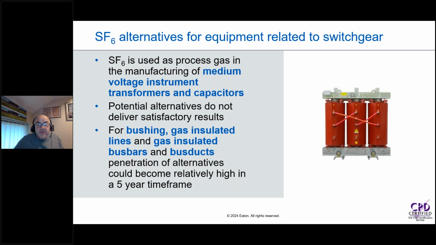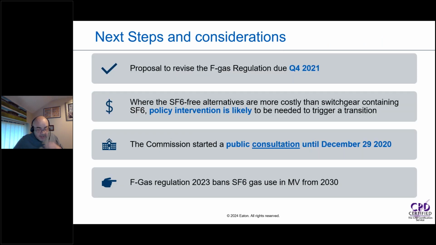So we may never reach a full SF6-free future because of some manufacturing processes, which makes it more of a driver for the rest of us to get it off our networks and out of our systems. For equipment such as bushings, gas insulated lines, gas insulated bus bars and bus ducts, alternatives could become available in the next 5 years, similar to the EHV timeline.